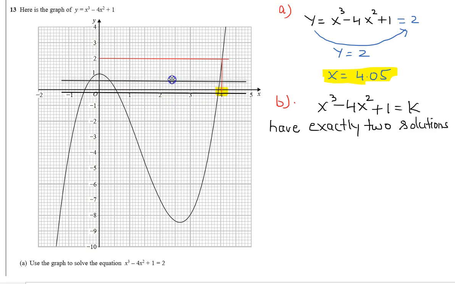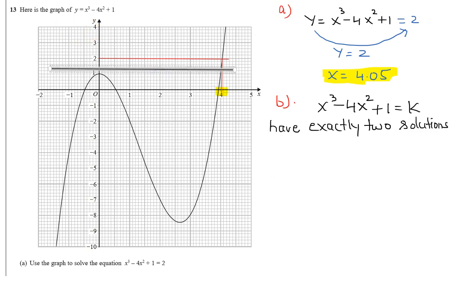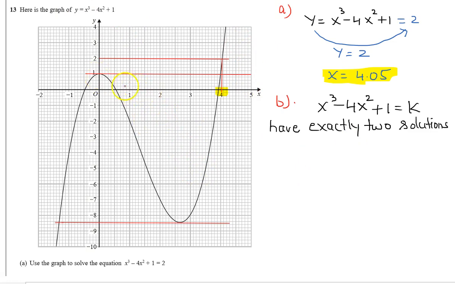Now if I just come here, exactly here where it is 1, then now you can see this line is crossing the graph at this point and at this point, so it's having two solutions.